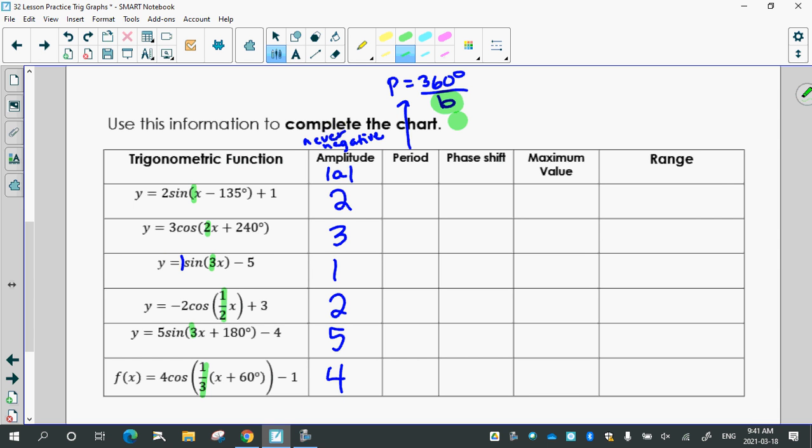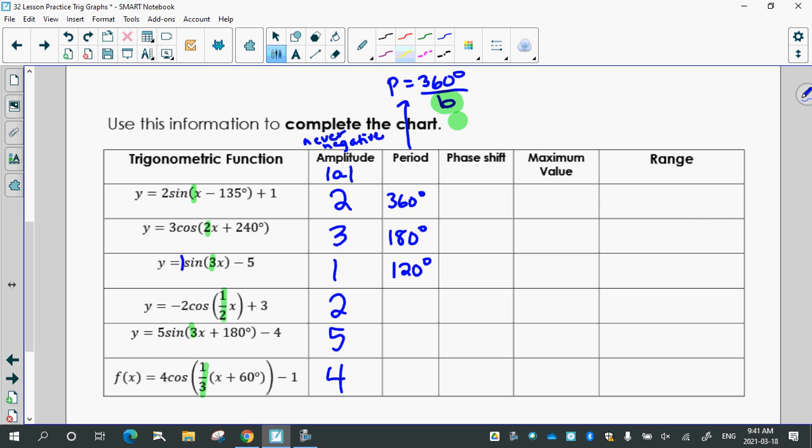So you just get your calculator out. 360 divided by 1 is 360 degrees. 360 divided by 2, 180 degrees. 360 divided by 3, 120 degrees.